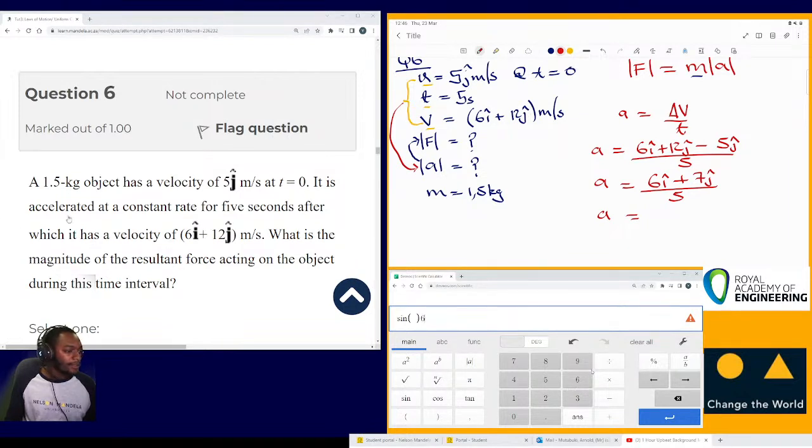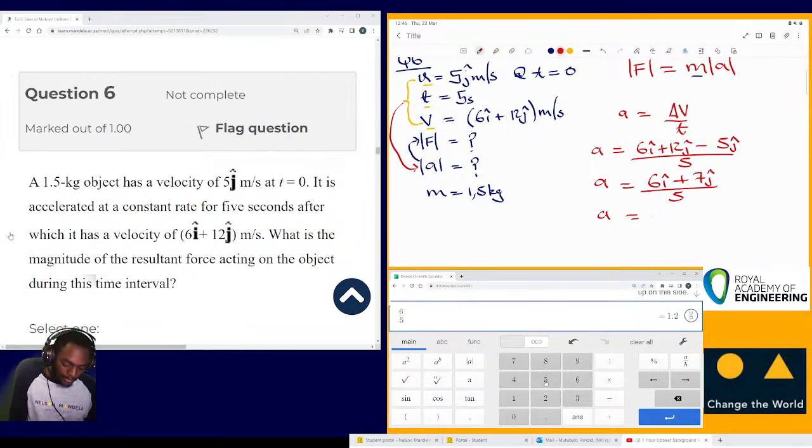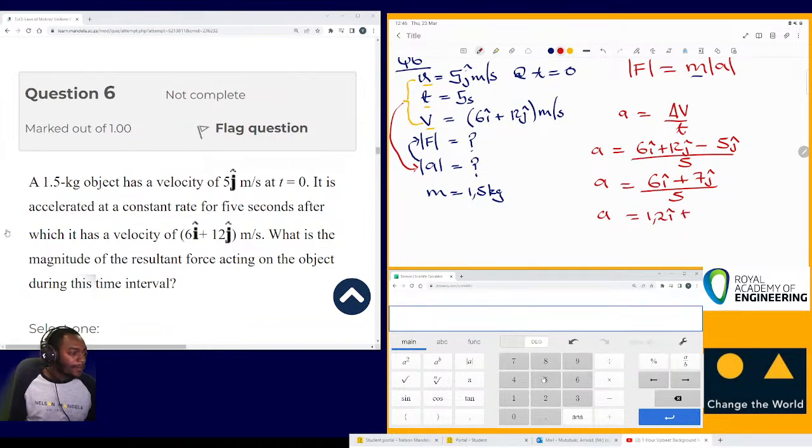So that will be 1.2 in the i, plus 7 divided by 5, which is plus 1.4 in the j. This is our acceleration, okay?